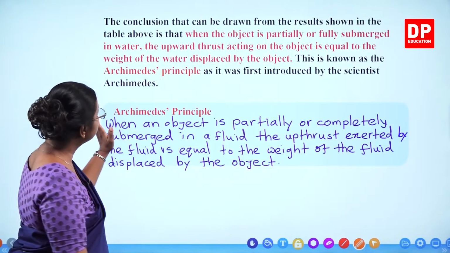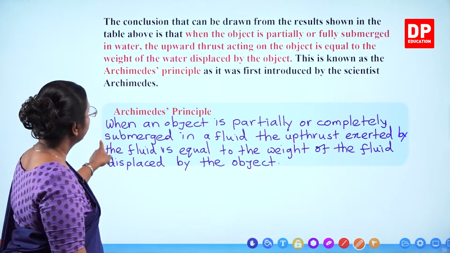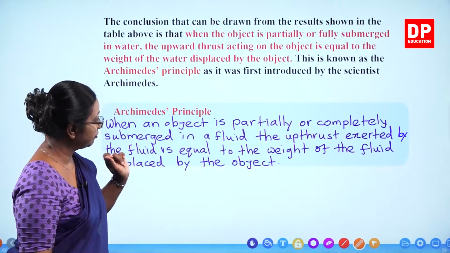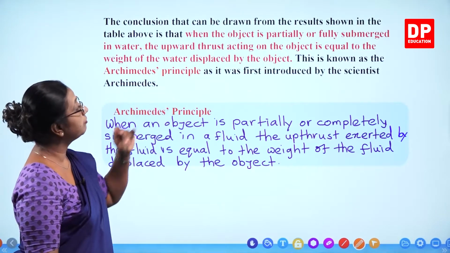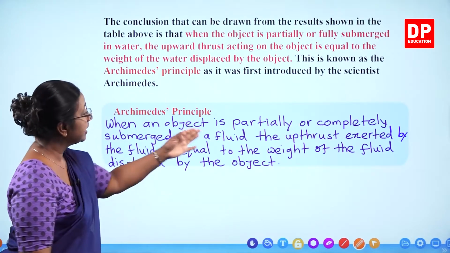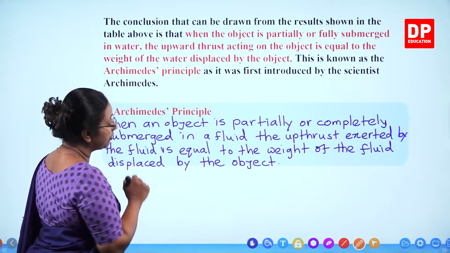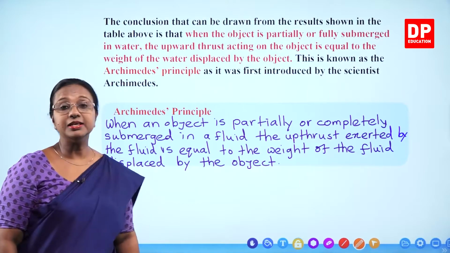So the conclusion of the activity. When an object is partially or completely submerged in a fluid, we can say completely or fully submerged in a fluid, the upthrust exerted by the fluid is equal to the weight of the fluid displaced by the object.